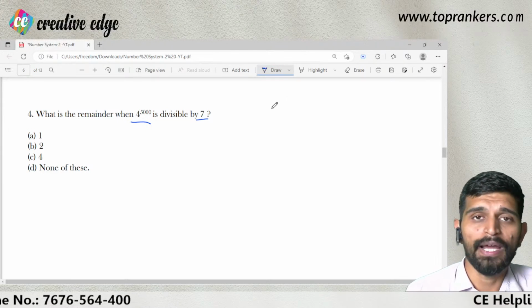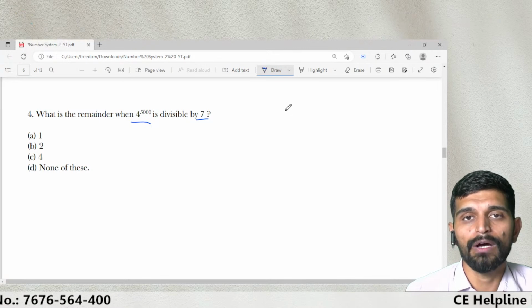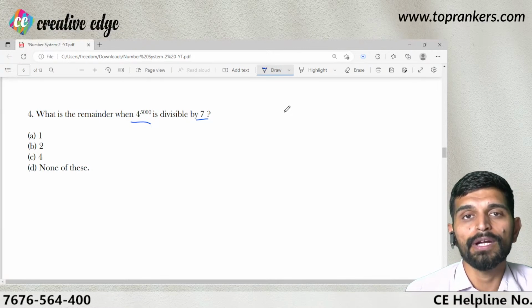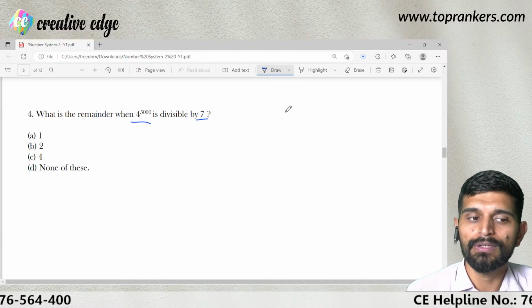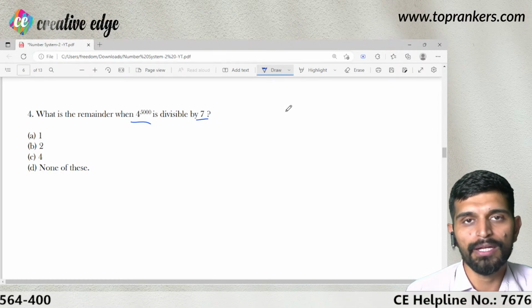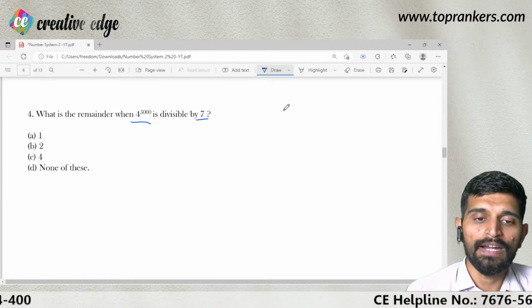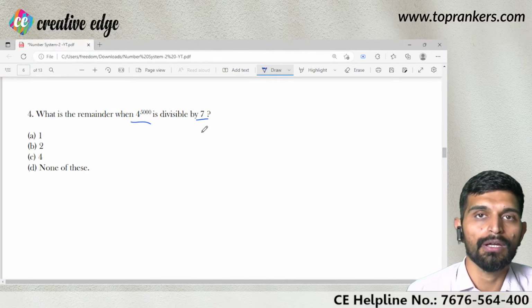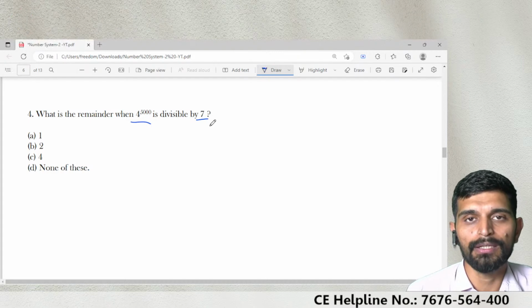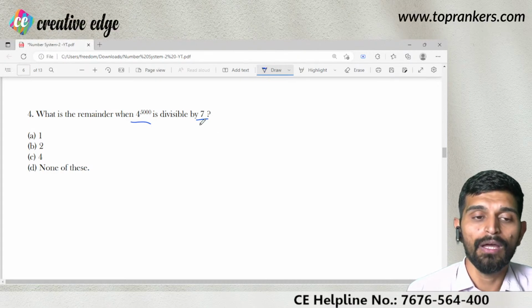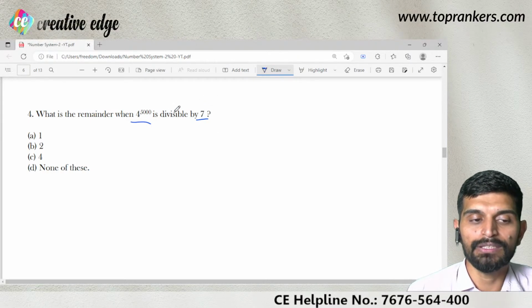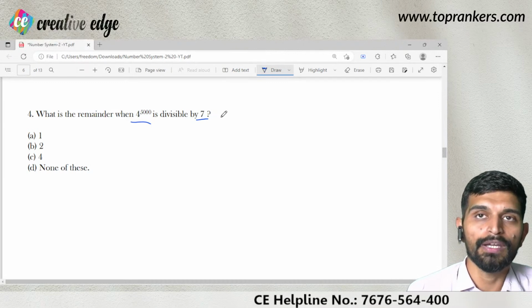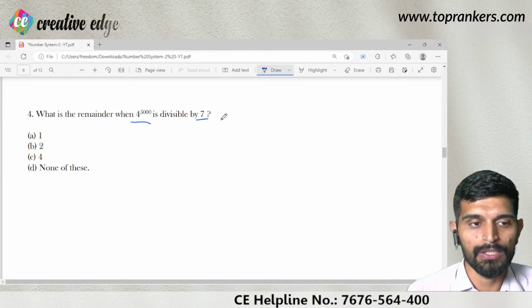For minus 1, if it is an odd power, the result will be minus 1, and if it is an even power, the result will be plus 1. That way we can calculate the remainder easily. That's why we try to convert the given number in such a manner that whenever the divisor divides it, it gives a remainder of plus 1 or minus 1.